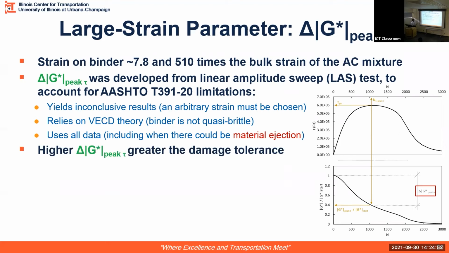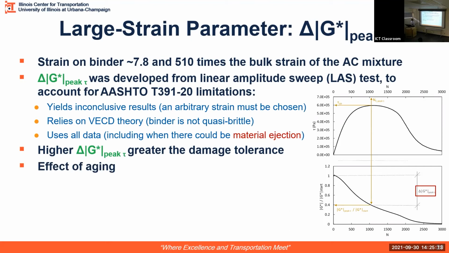And so the higher the delta G star peak tau, the greater damage tolerance the binder would have. If I can sustain more loss of delta G star until the peak shear, I think it's a better binder, as without failing, it can sustain those strains.